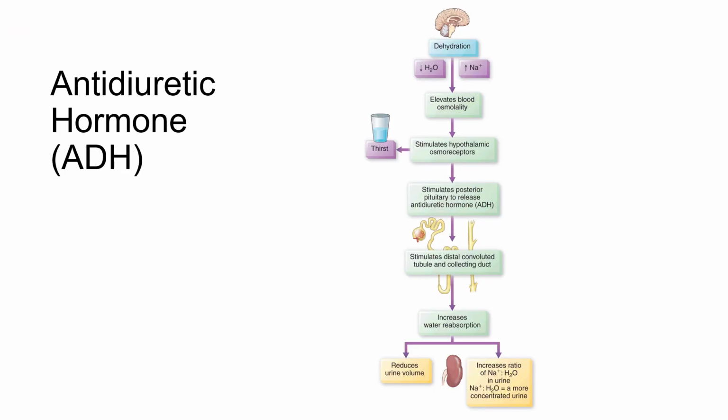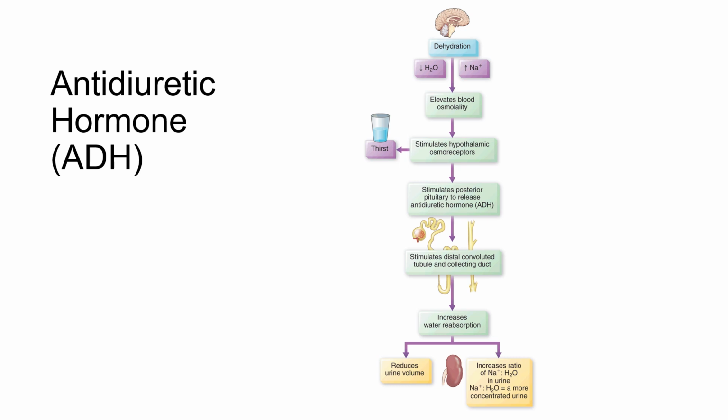This next slide is about antidiuretic hormone, or ADH. It starts with our brain telling us that we are dehydrated. We don't have a lot of water in our vessels, and we are becoming hypernatremic because our sodium is becoming very concentrated from the lack of fluid. That is going to elevate our blood osmolality, meaning that it's becoming concentrated. This is going to stimulate our brain to tell us to drink, to make us thirsty.